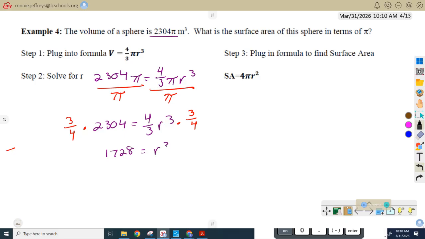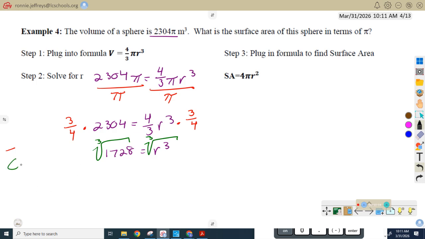equals R cubed. Now, if we take the square root to undo something that's squared, how do we undo something that's cubed? Yep, just a little bit higher. So we would take what's called the cube root.